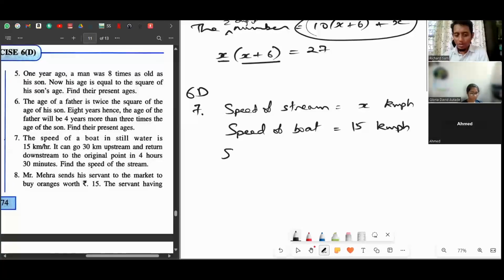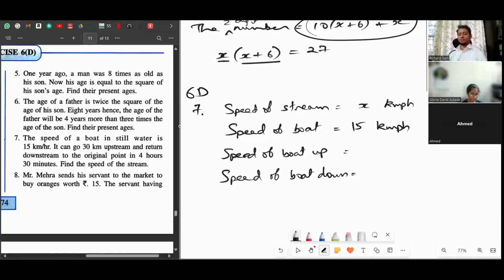Now tell me the speed of the boat upstream and downstream. 30 km? Why? That's not speed, that is distance.